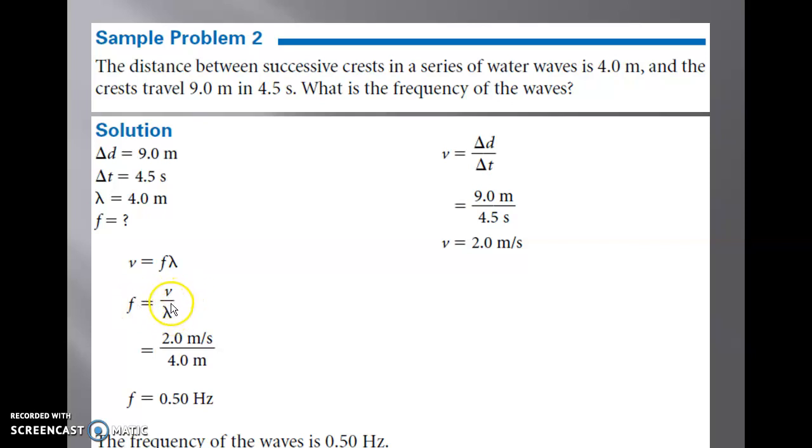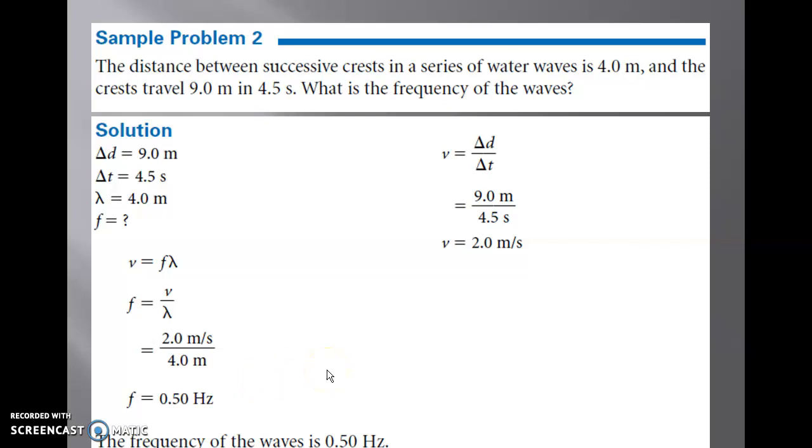And we substitute the values: speed, 2 meters per second, over wavelength, 4. So 2 divided by 4 gives 0.50 hertz. Therefore, my frequency is 0.50 hertz.